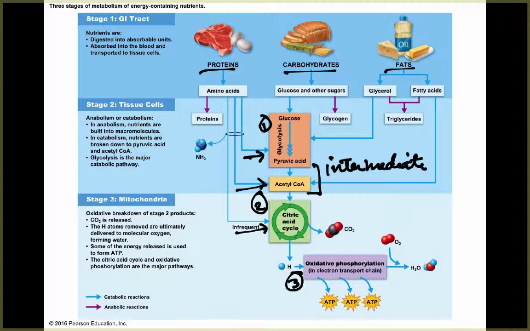And so for proteins, basically certain amino acids are broken down. You remove the amine group here, and then they can fit into glycolysis. They can be that intermediate starting product, or less frequently, they go into the citric acid cycle. If you have carbohydrates, actually, strike that.